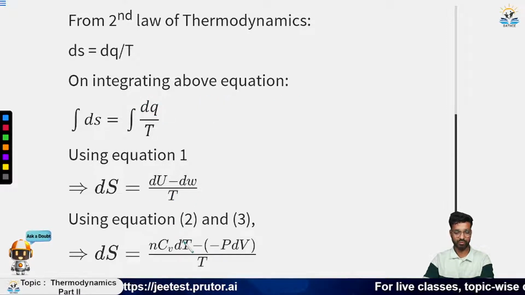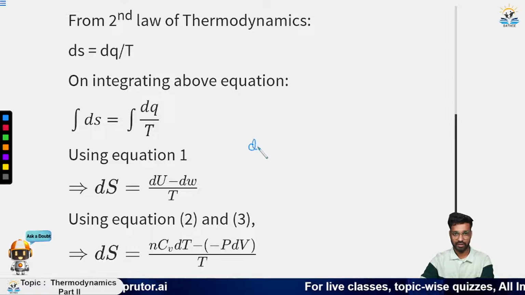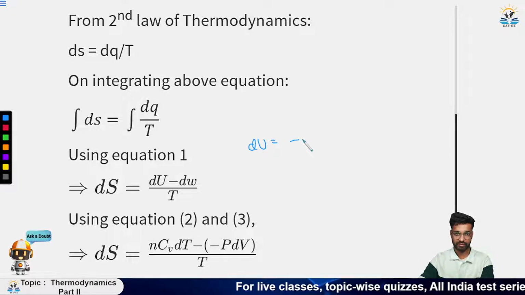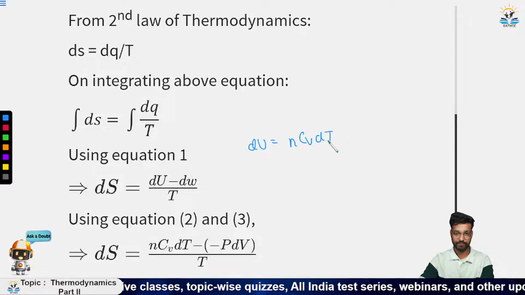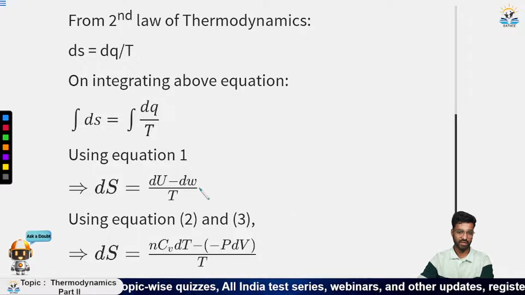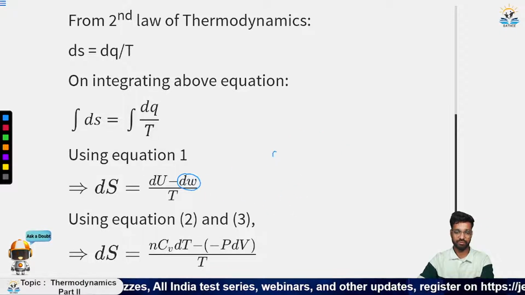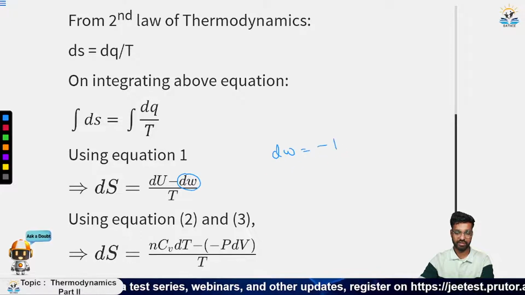Now you're using equations 2 and 3. So we know that dU is equal to nCv dT, and dW is equal to minus PdV.